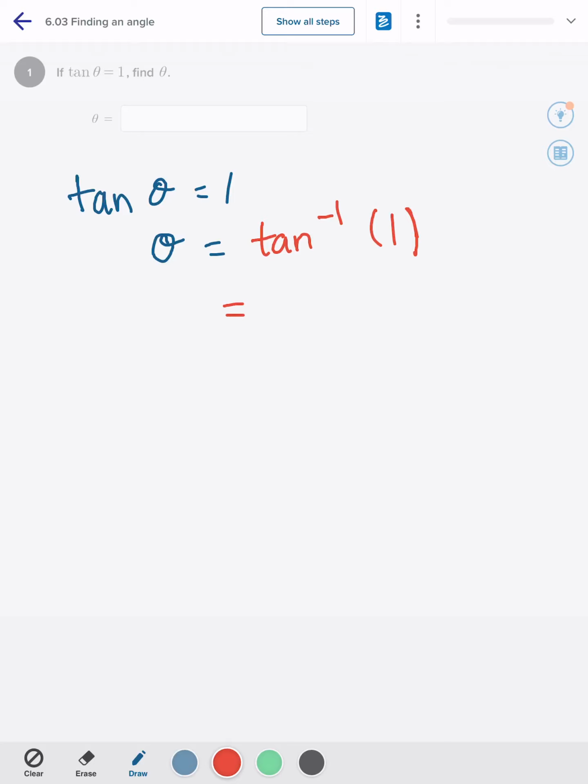Now on my calculator, I will press shift and the button tan. Automatically on your calculator you should see tan inverse, open bracket, and I will enter the number 1. I will close my bracket and press equals, and that gives us 45.